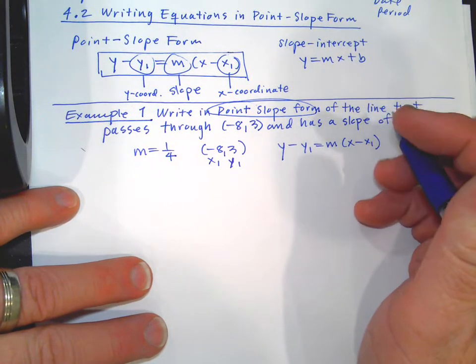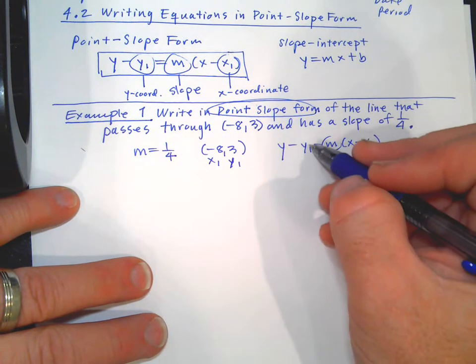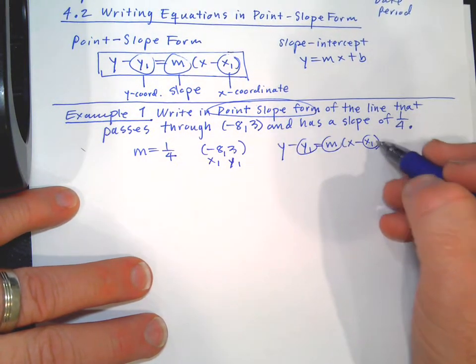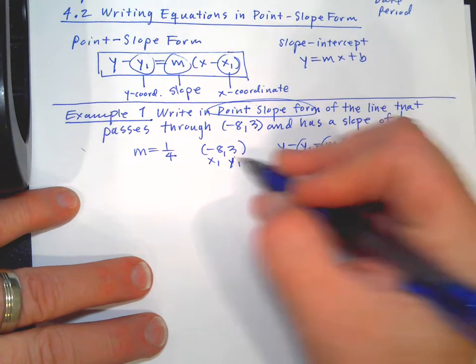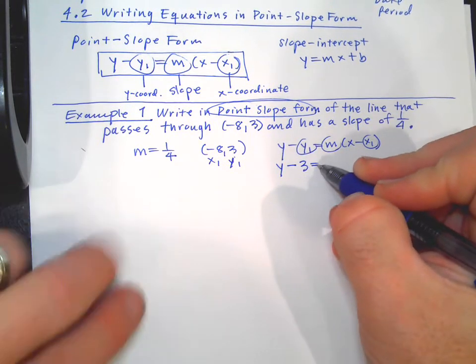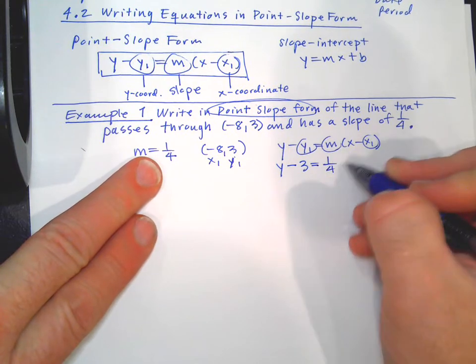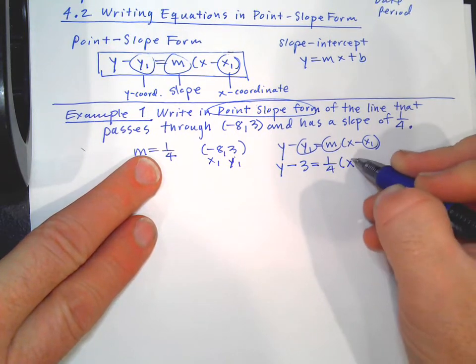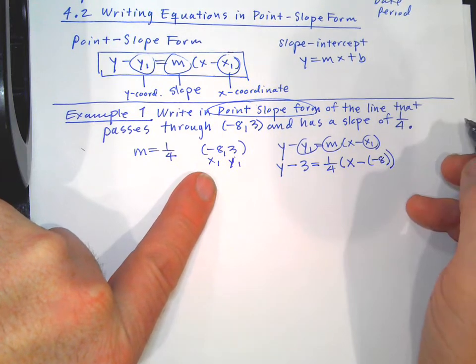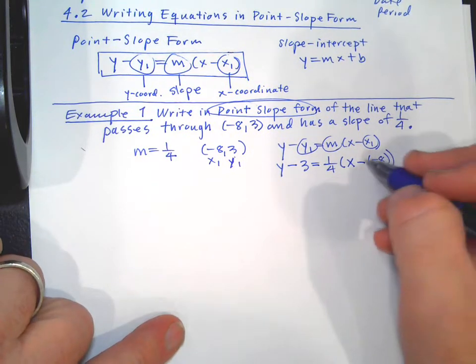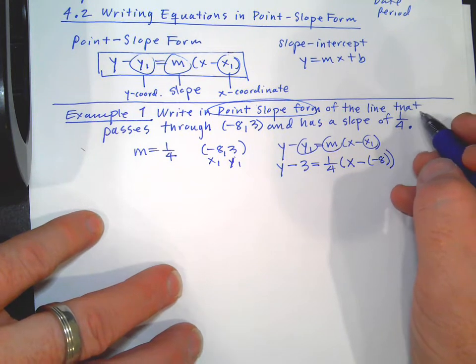So, we have m, we have y1, we have x1. So we're going to just plug those things in, substitute them in. So y minus y1, that's 3, equals the slope is 1/4, times x minus x1, which is -8. I like to put an extra set of parentheses around it when there's double negatives, just to make sure.